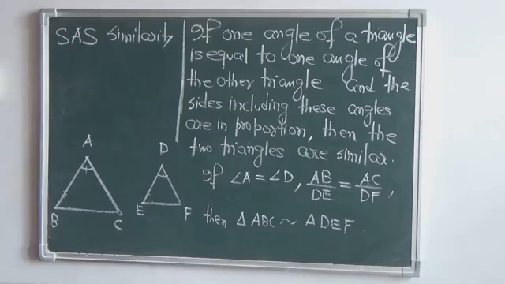The second one, the sides are in proportion, and the third one is the SAS similarity, where one angle of a triangle is equal to one angle of the other triangle, and the sides which include these two angles are in proportion or in the same ratio, then the two triangles are similar. Just go through this once again, and we still have some time left. We can take one or two questions.